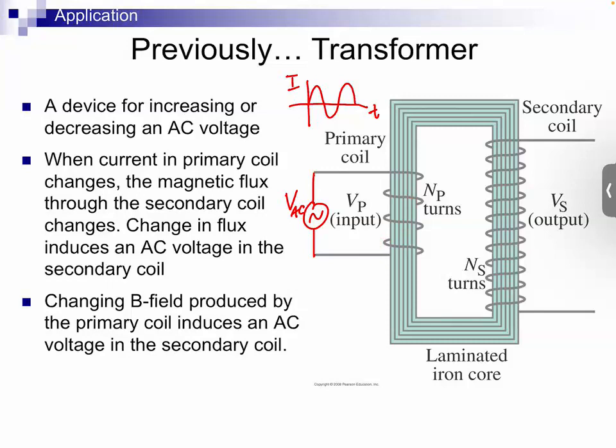So that's a direct application of Faraday's law, where we have two coils and they're not even touching, but because the current in the first coil is changing, you induce a voltage in the second coil, and essentially you then induce a current in the second coil.